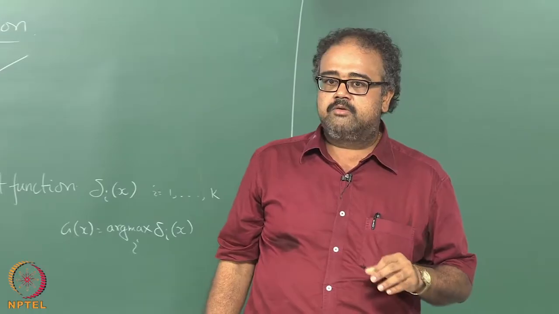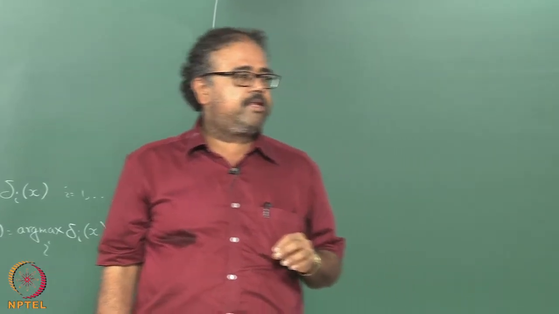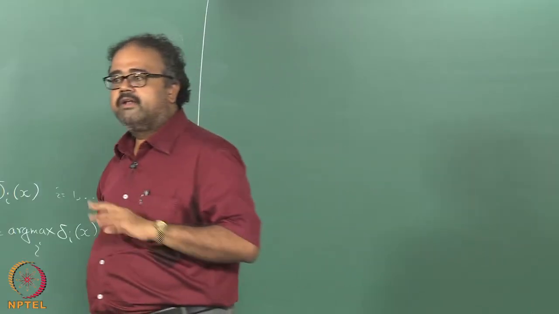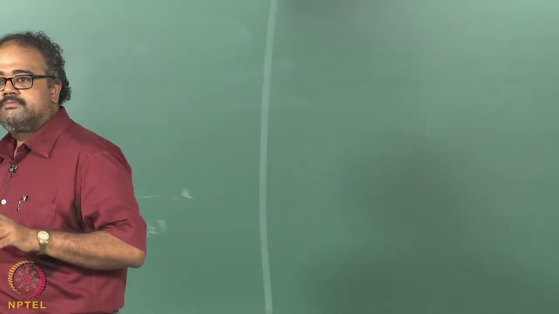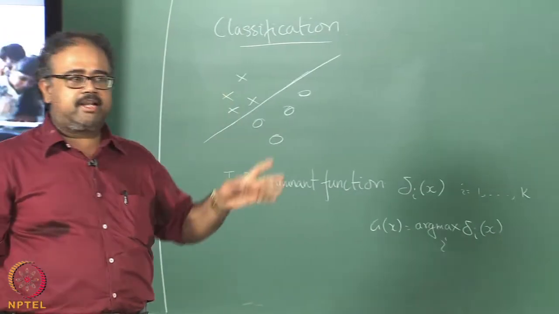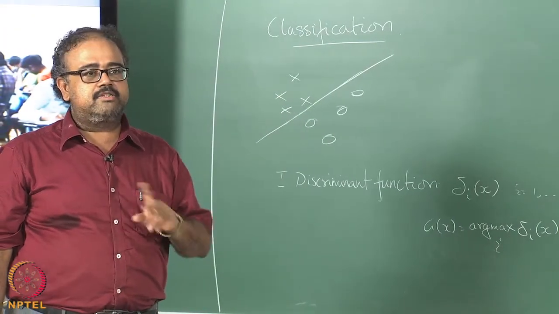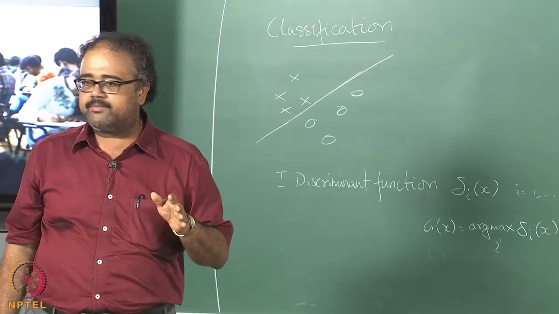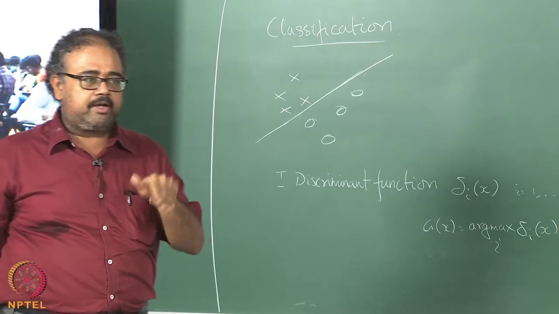Where will be my separating hyperplane? Wherever delta 1 equals delta 2. When delta 1 is greater than delta 2 it is class 1, when delta 2 is greater than delta 1 it is class 2. Wherever they are equal it will be this boundary, right.